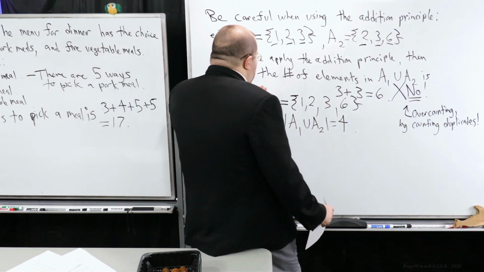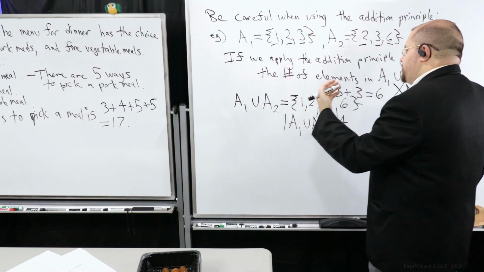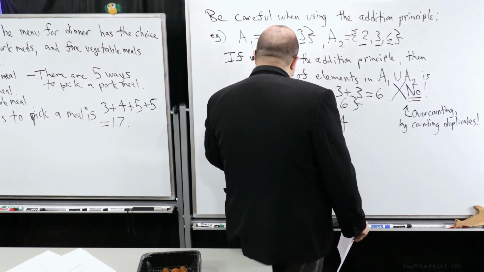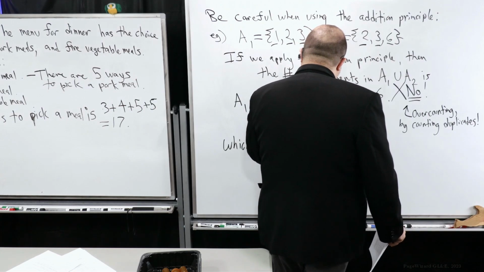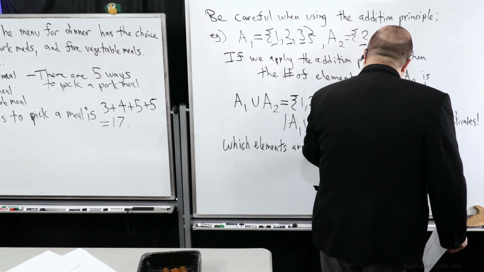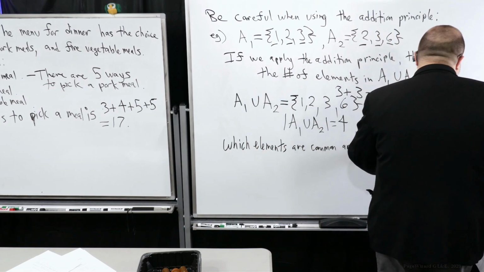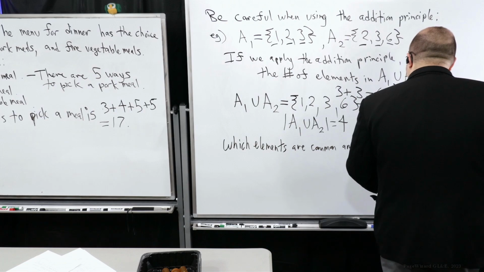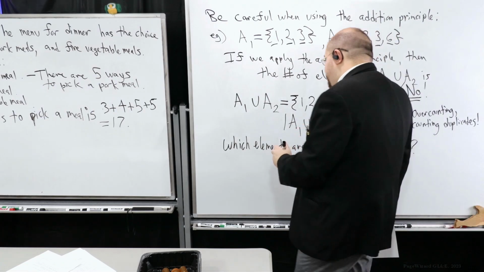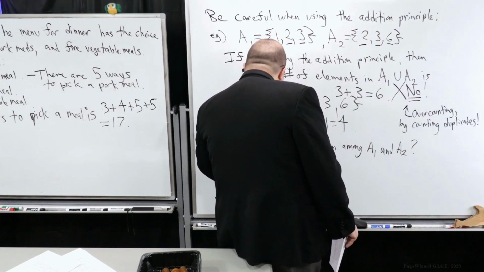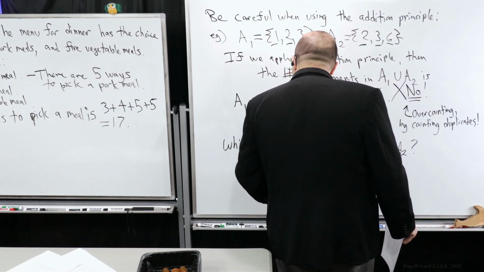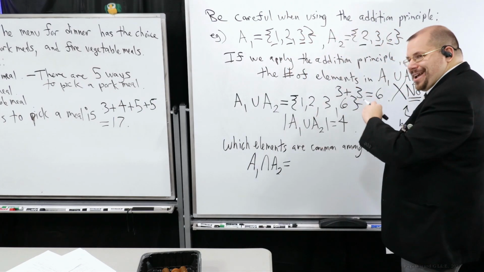So which ones are common amongst the two? Which ones are in common between A1 and A2? Well, if we take the intersection of A1 and A2, as we discussed previously, I want the ones that are in both A1 and A2, as opposed to the ones that are in A1 or A2.